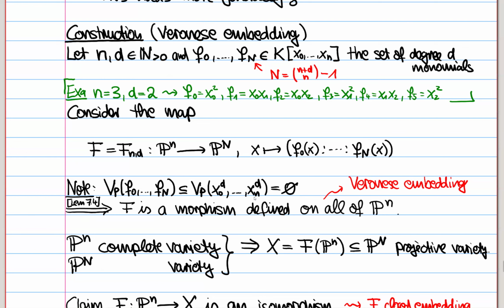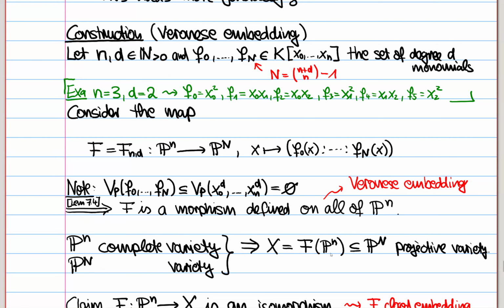So basically the radical of this ideal would be this irrelevant ideal that we have seen before. And so all of these components of this map big F don't vanish simultaneously. And then we had a lemma which says that for such a map given by homogeneous polynomials of the same degree, this is defined exactly where these don't vanish simultaneously. So in other words, this gives a morphism defined on all of Pn.